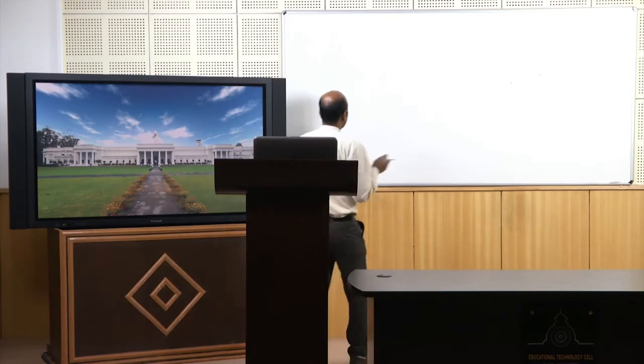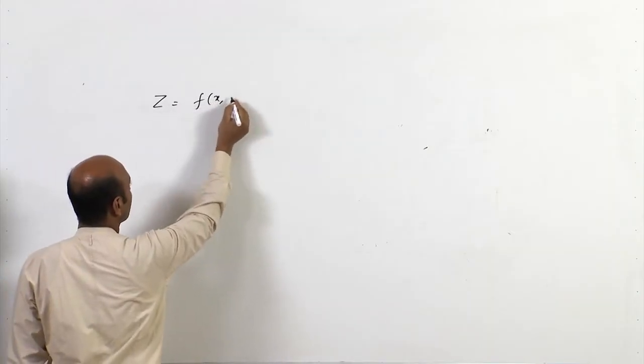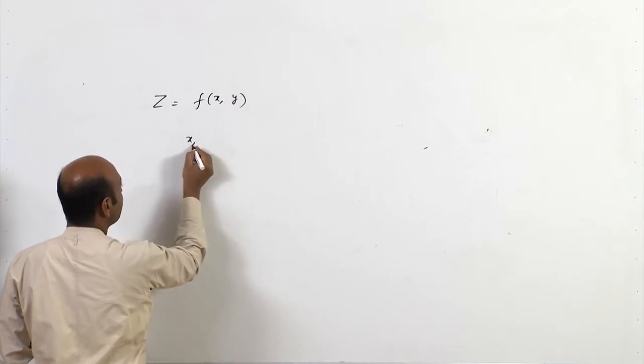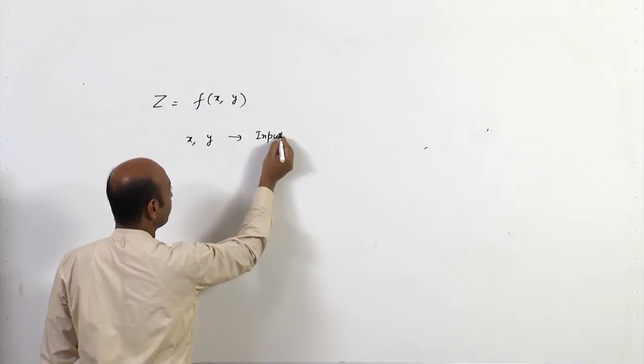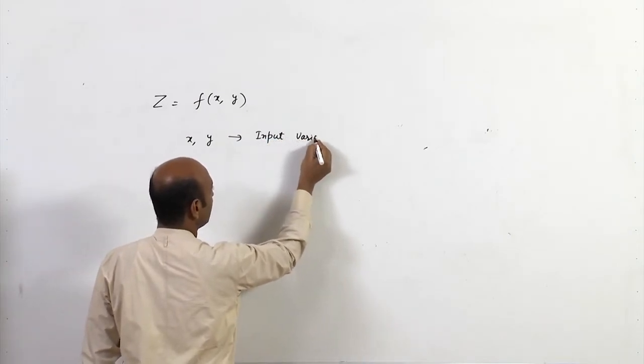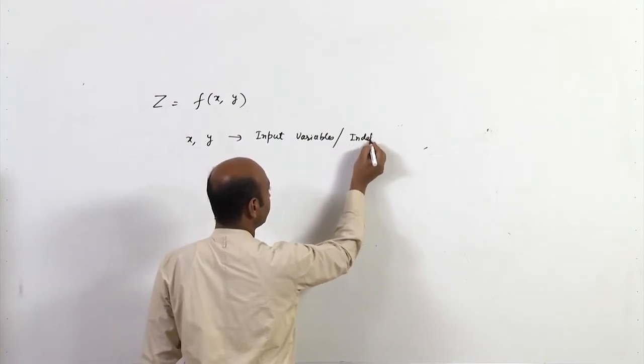So, basically if we have this function, say z equals f(x,y), these are also called input variables, or independent variables.